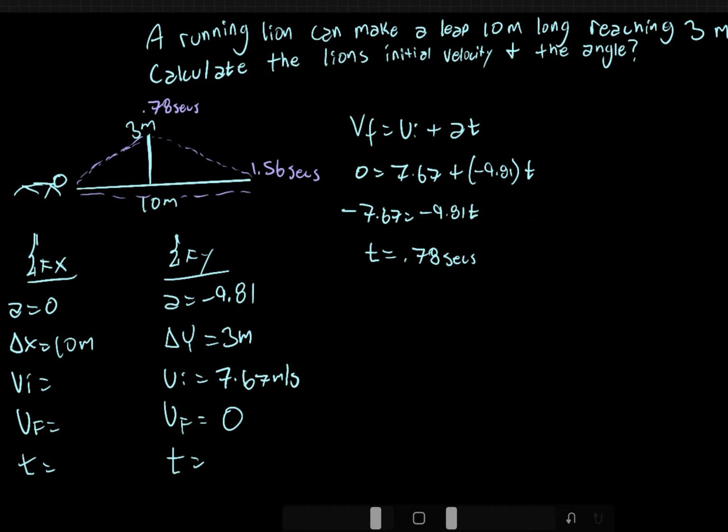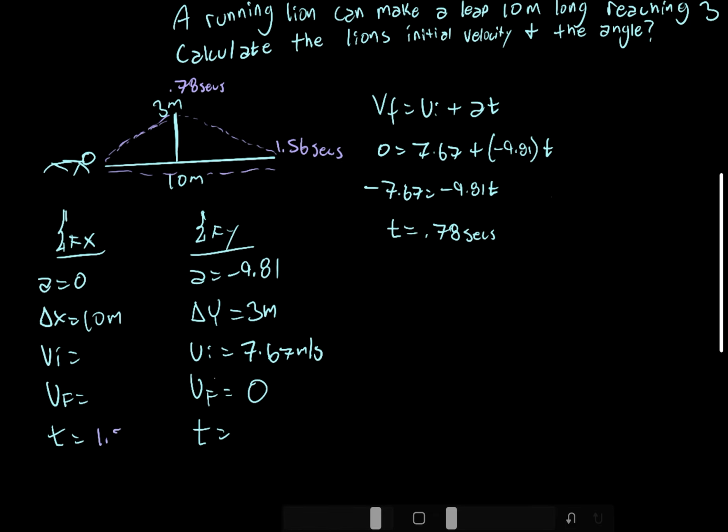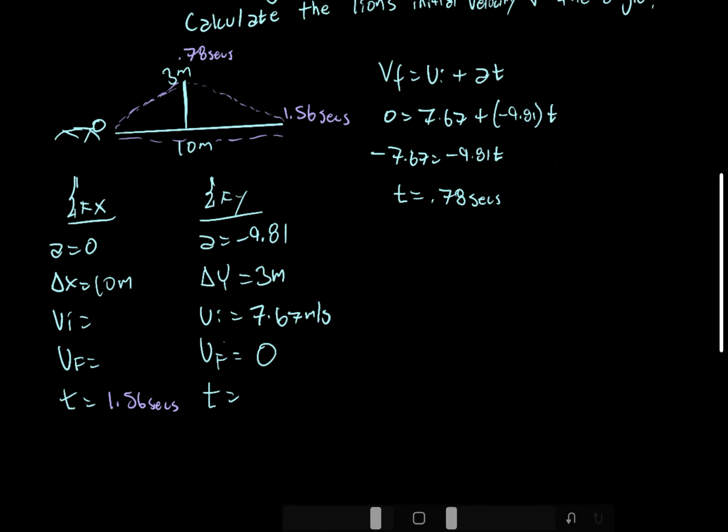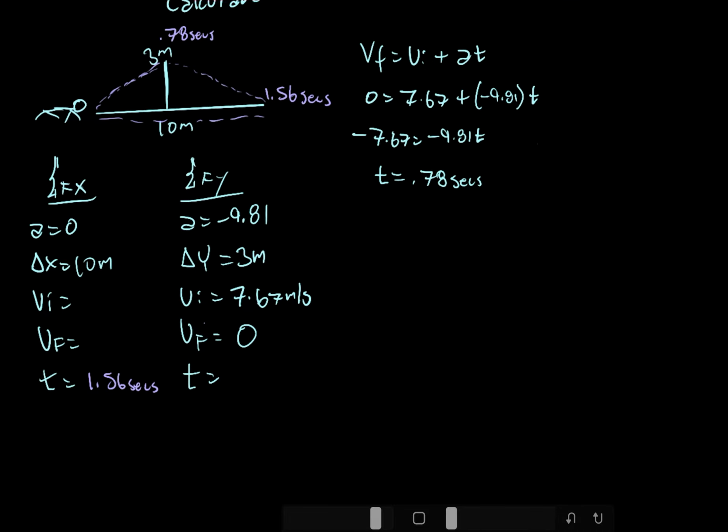So it took 1.56 seconds for the mountain lion to reach 10 meters. And now we have 3 pieces of information. So we can use the kinematic equation to solve for the initial. We can use this one. Oh, this one's actually not that bad.